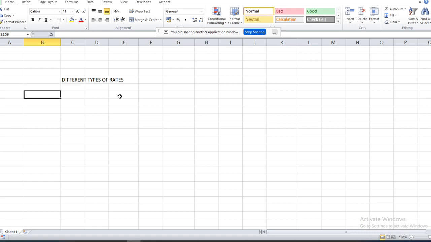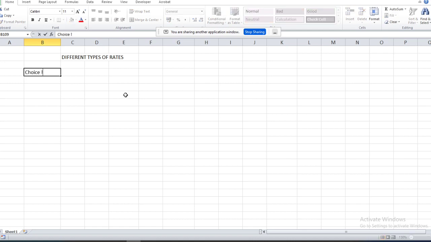I like this subtopic. Let me give you one example of two choices of investments. Choice A, your investment grows once a month at the rate of, let's say, 1%.